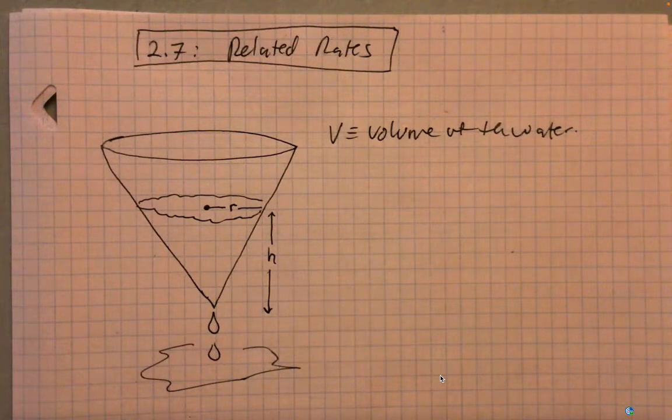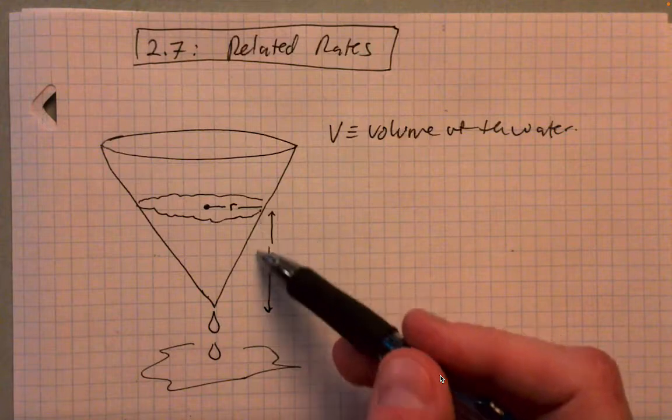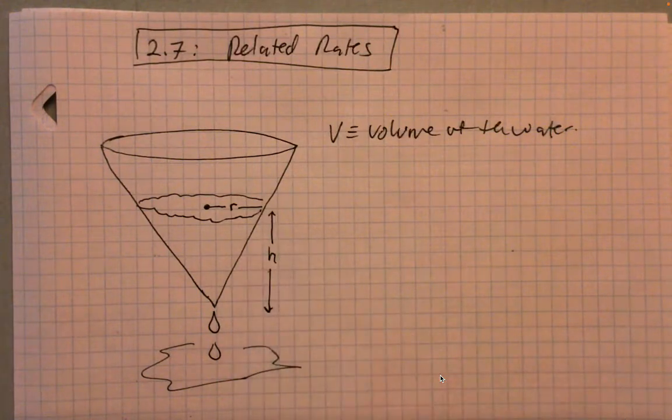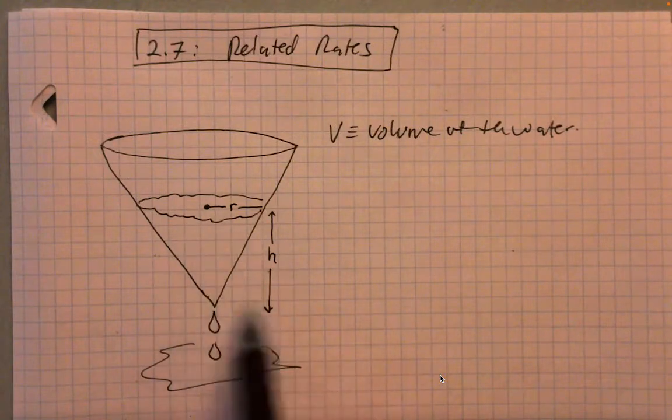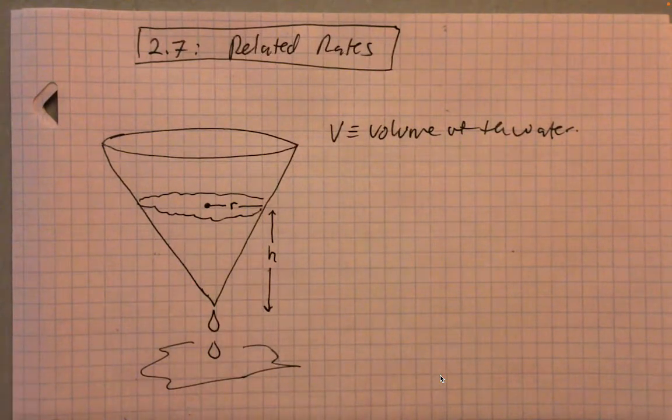And everything's going to be changing in reaction to that, right? So as the water drains out, for example, H is going to decrease, and also the radius will decrease as well. So all of these variables will be changing with respect to time. And they're all tied together as well.